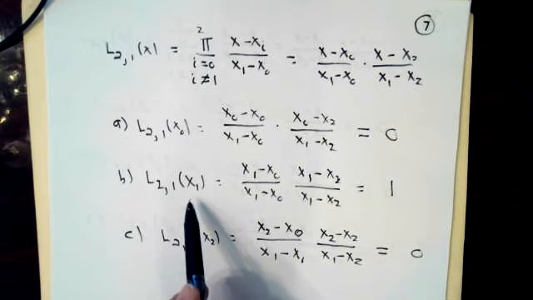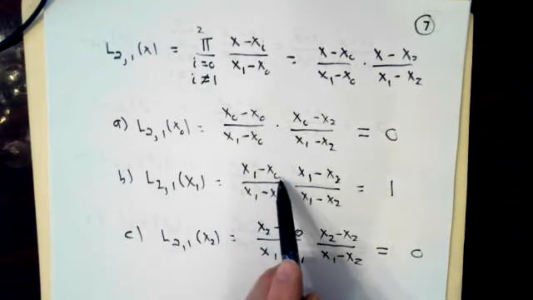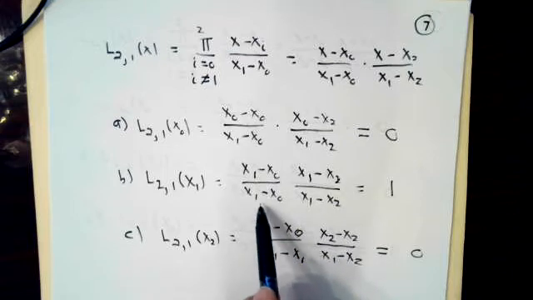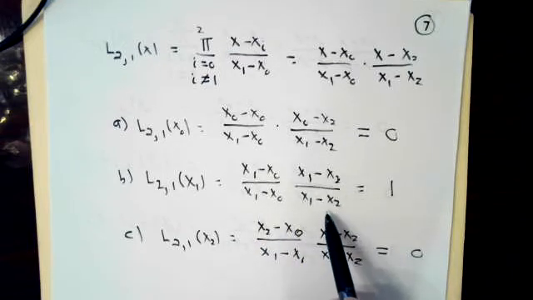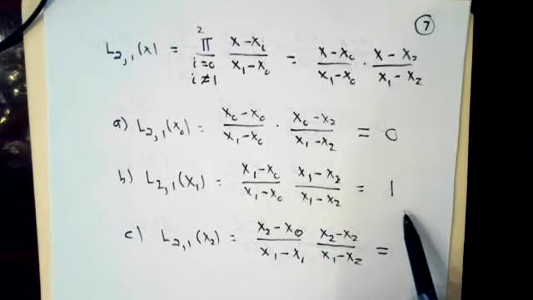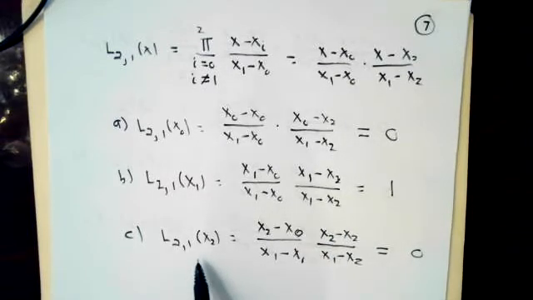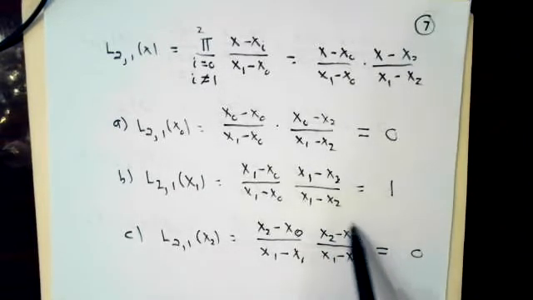L21 at x1, x1 minus x0 divided by itself, x1 minus x2 divided by itself. 1 times 1 is 1. And if you put x2 in, because of x2 minus x2 in the numerator, you end up with 0.